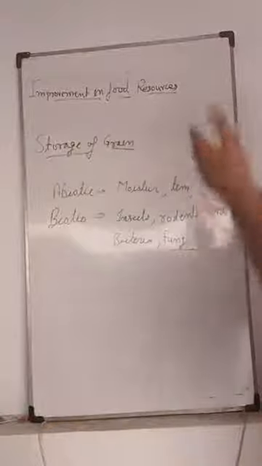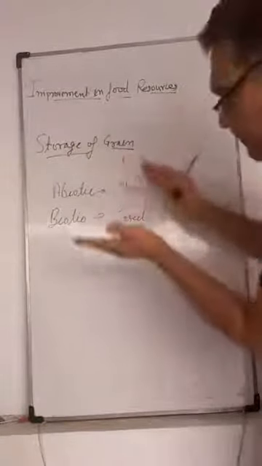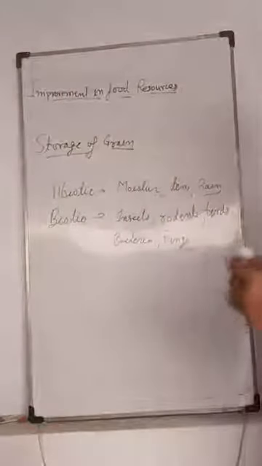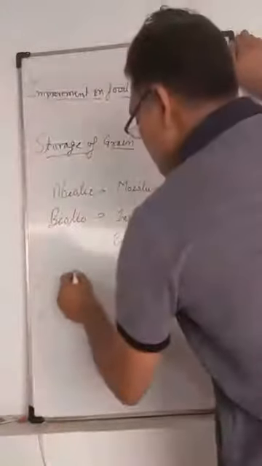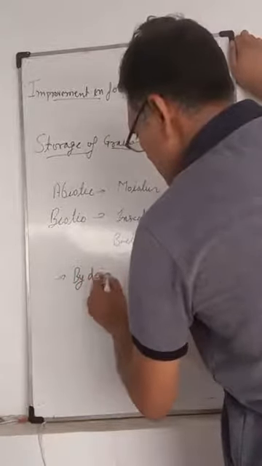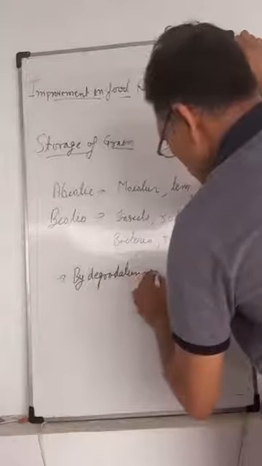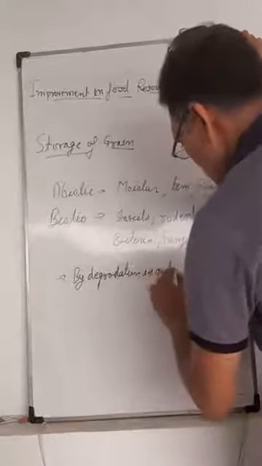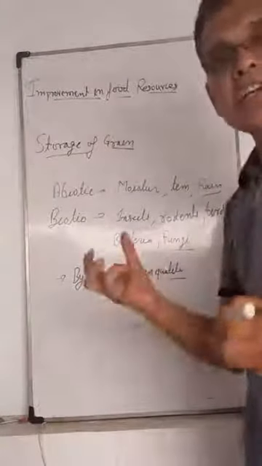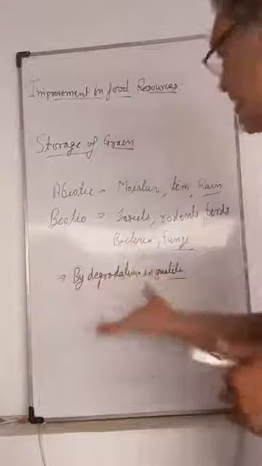How do we reduce these storage losses? And how do these abiotic and biotic factors cause storage loss by degradation in quality? They destroy the seeds, fruits, and other things. In this way their quality is degraded.